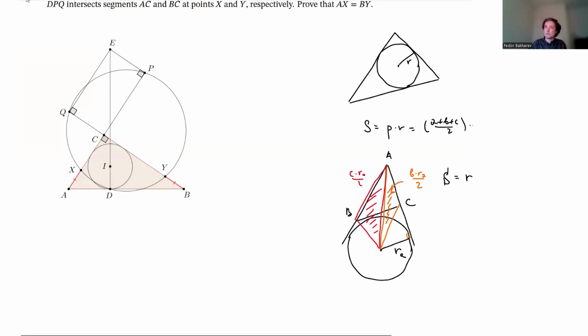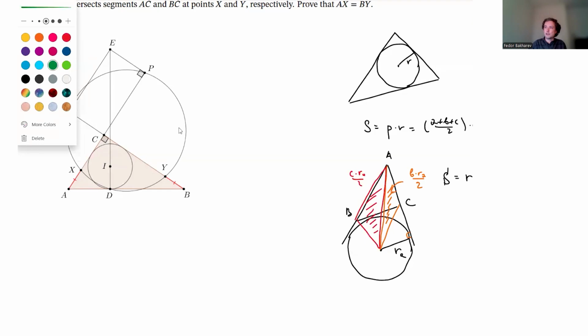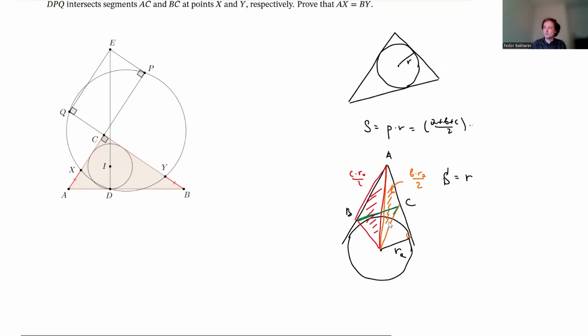And if we sum these areas, it will not give us the area of ABC, so we have to subtract this one, and this one is a times r_a over 2. So the answer will be (b plus c minus a) r_a over 2. So this is the formula.